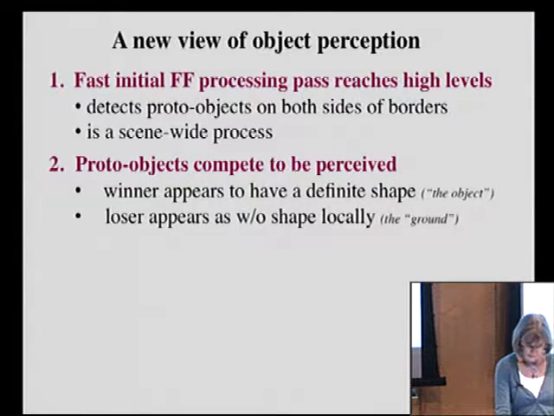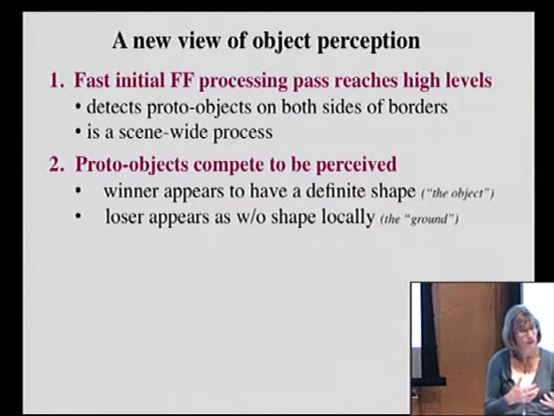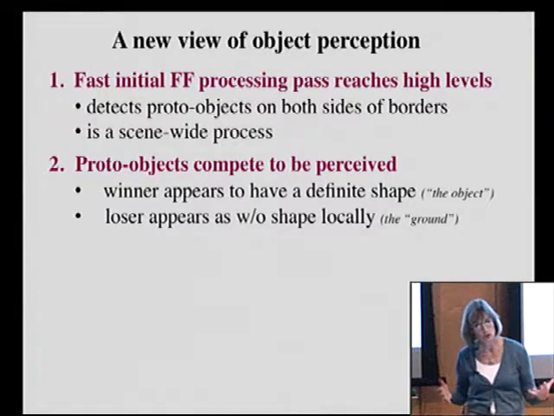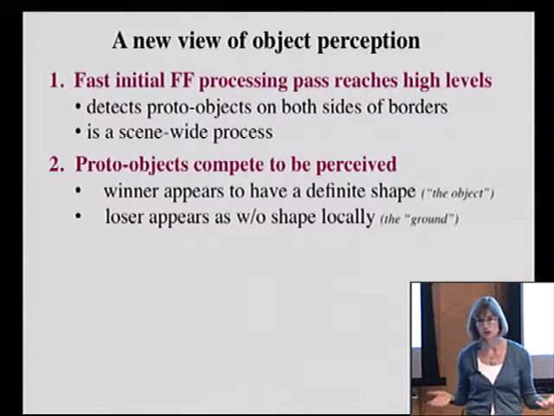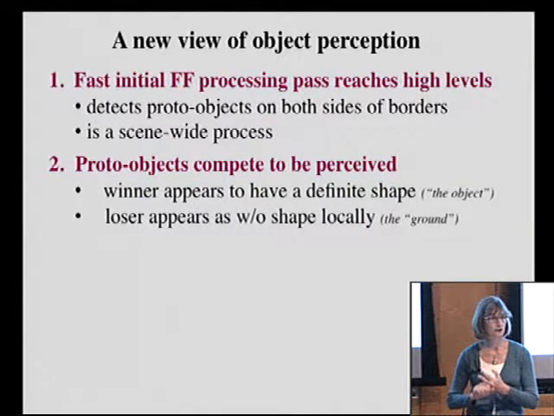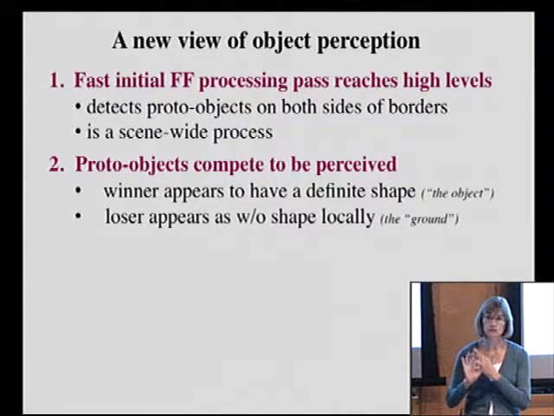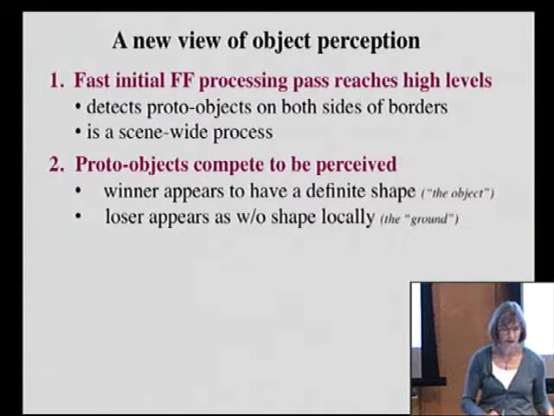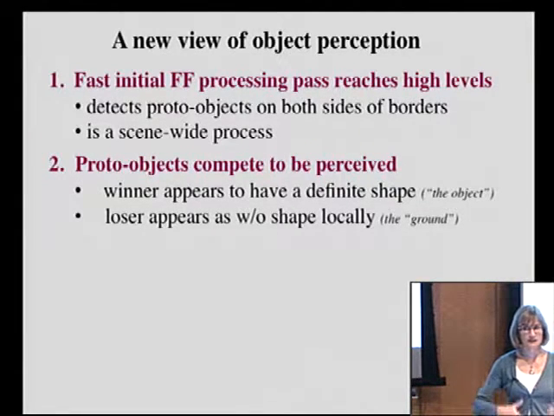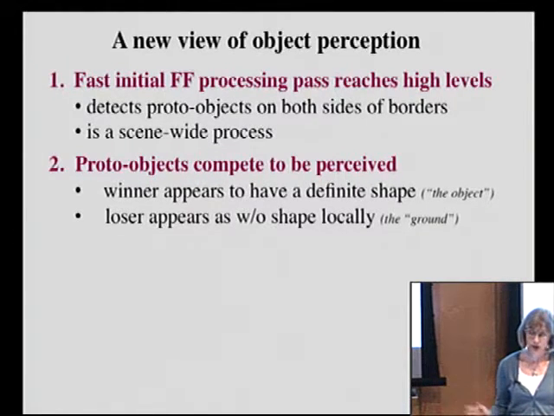A lot. So there's competition, and competitive mechanisms are used quite often now to understand what's going on in the brain. The models of attention are competitive mechanisms. The models of all sorts of reversals are competitive mechanisms. The winner in this case is going to be perceived as the object, and the loser is going to appear like a shapeless ground.